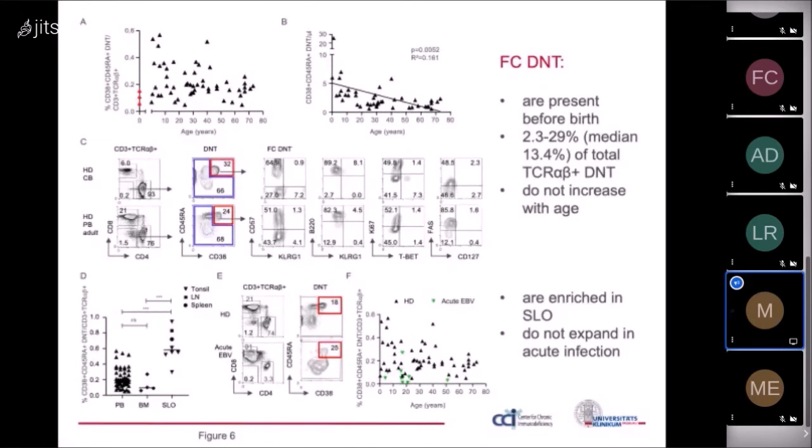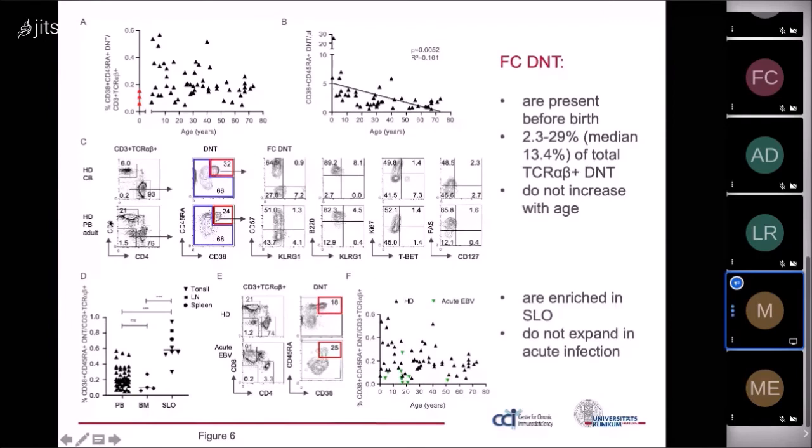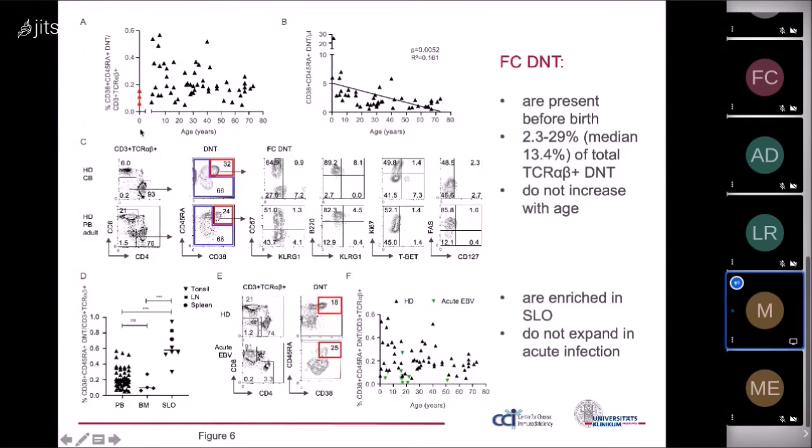We found them in cord blood samples, and we found the signature resembling the one of the Fc-DNT in adult peripheral blood. We found them to be between 2 and 29% of the total TCR alpha beta positive DNT in peripheral blood, and we found that they are tendentially not increasing with age.